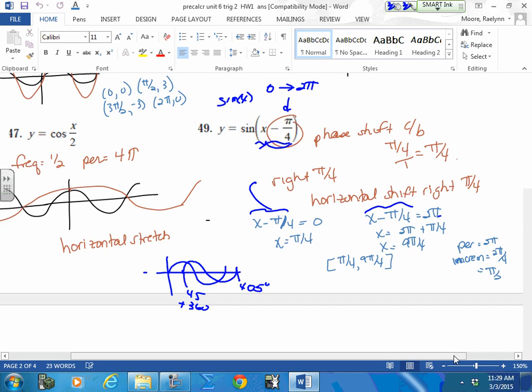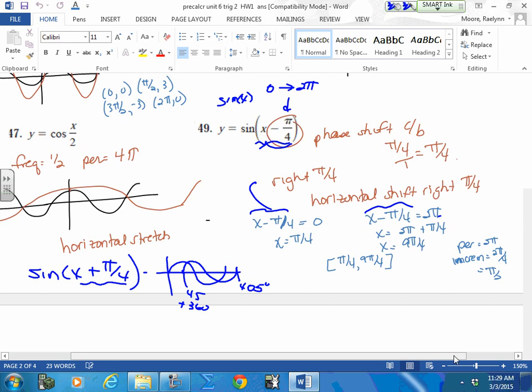It does. So if I said this, my sine, I want to go the opposite direction. So where is my cycle going to begin? Which way is this translation going? To the left, pi over 4 units, right?